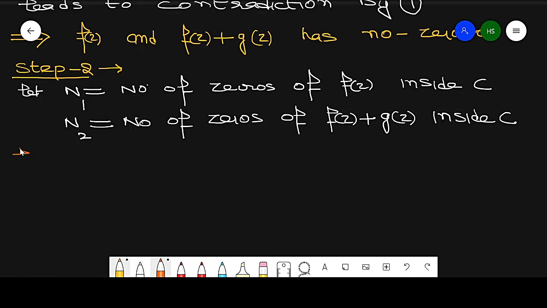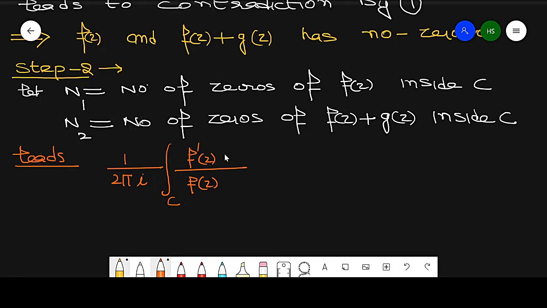So it leads to what we get by the previous result. It leads to 1 by 2 pi iota integration around C of f dash z over f of z into dz, which is equal to the number of zeros minus the number of poles.